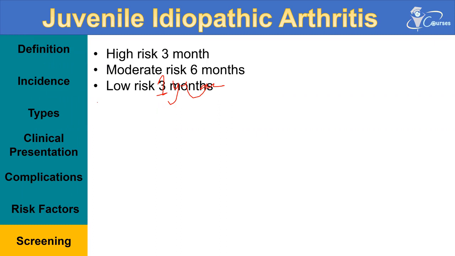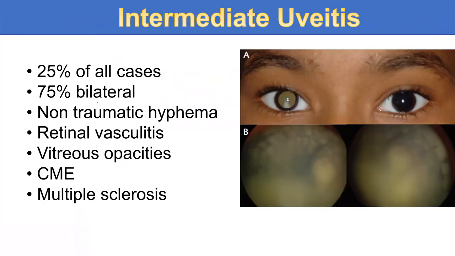The next location for inflammation in the uveal tract will be the pars plana, or intermediate uveitis. Intermediate uveitis will account for 25% of all cases of pediatric uveitis. 75% will be bilateral, as you can see here, this patient has bilateral uveitis.